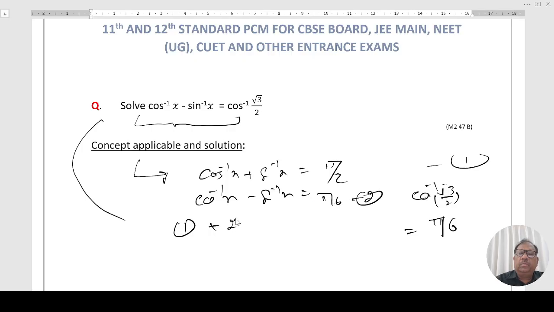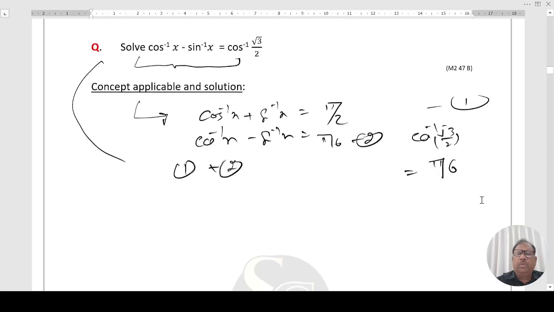1 plus 2, this comes out to be, this is cancelled, 2 cos inverse x equal to pi by 2 plus pi by 6.